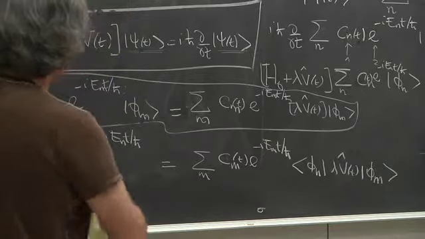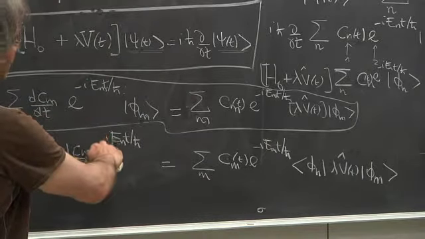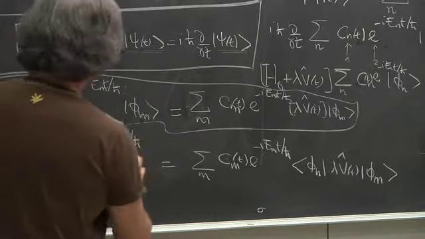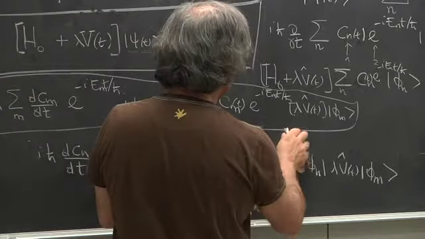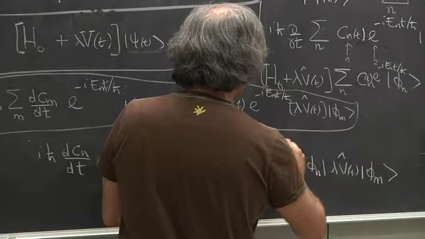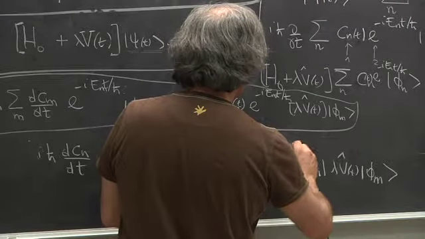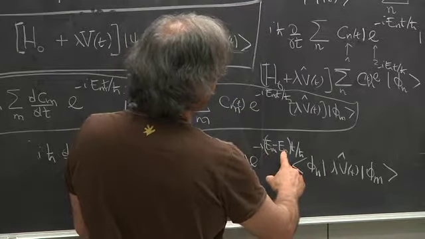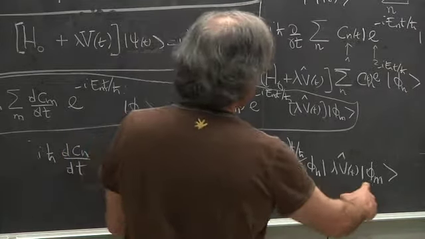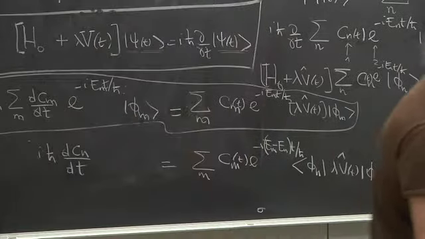So I just multiply by e to the plus i omega t. And if you allow me, I will do that here. You see, I have Em minus En, the difference in energy between these two guys.